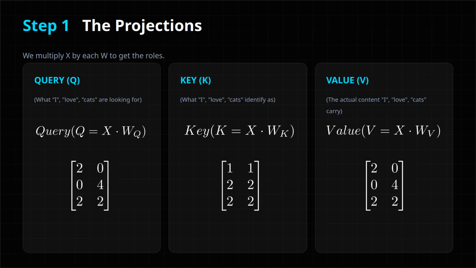Multiplying X by the value weights gives us the value matrix, V, which holds the information that will actually be mixed and passed forward. So now every word in "I love cats" has three two-number vectors, a query, a key, and a value. This is the starting point for the actual attention calculation.